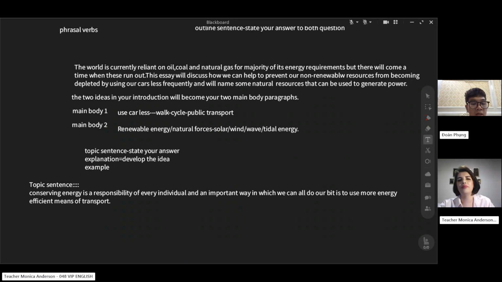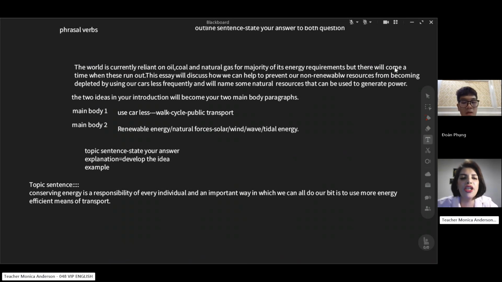For the topic sentence in main body 2... turning to the second problem. Is there any word perfect for problem?